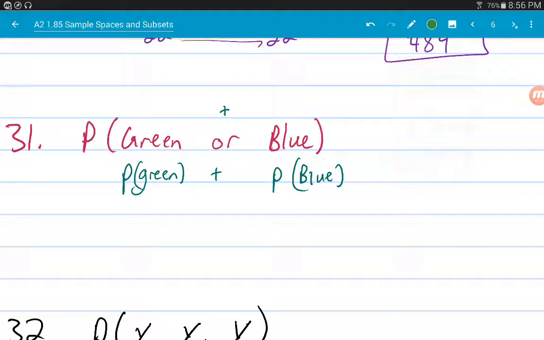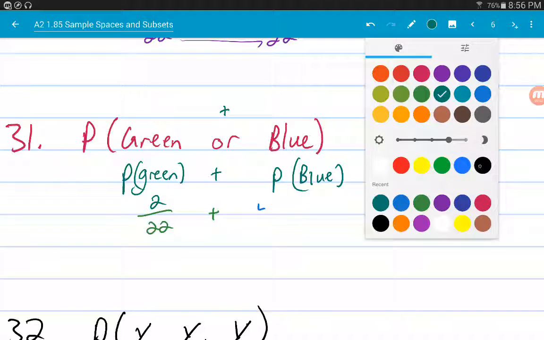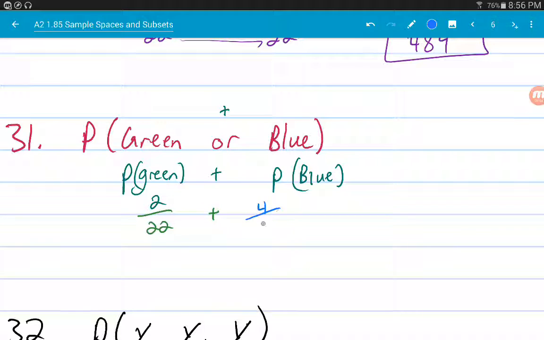So what's the probability of reaching in and getting a green? That's going to be 2 out of 22. Plus the probability of getting a blue is going to be, oh wait, I mixed those up. 2 out of 22. And there are 4 blue out of 22. When you add those up, you get 6 out of 22. And that can be simplified into 3 over 11.